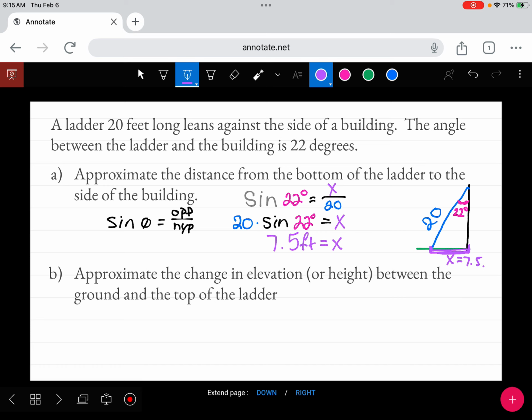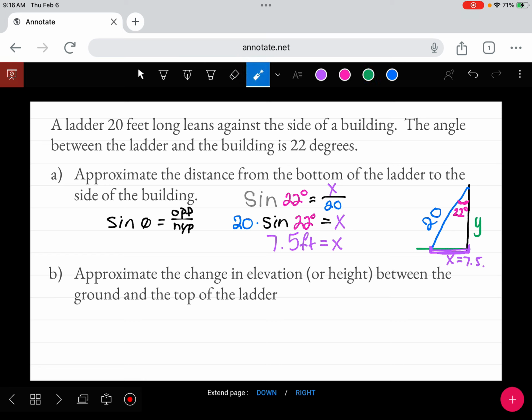Then we're asked in part B to approximate the change in elevation, otherwise known as the height, between the ground and the top of the ladder. So we want to know this distance. How can I find that distance? Absolutely valid.